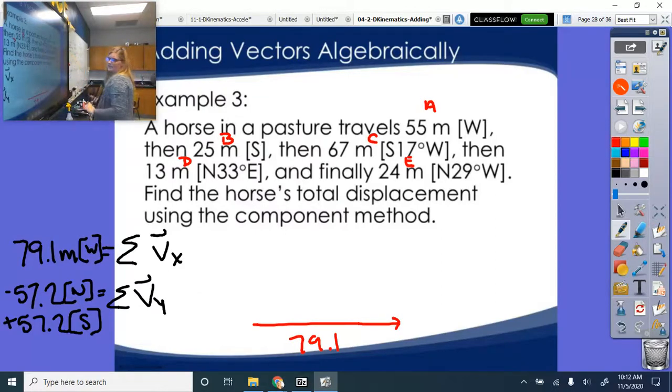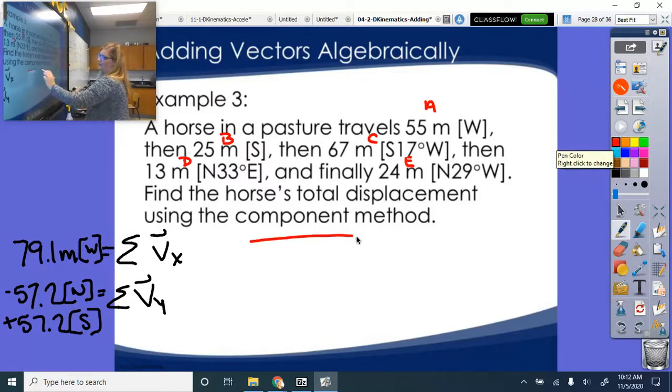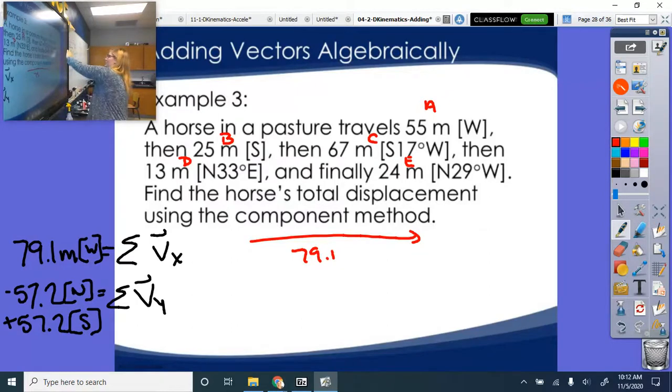And in the y direction, I went 57.2 meters south.